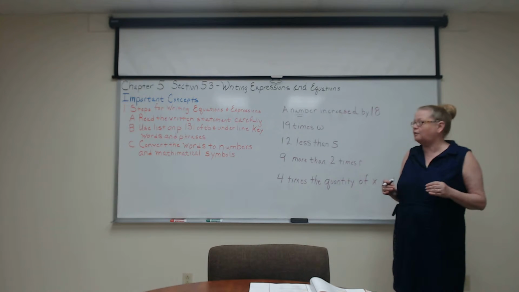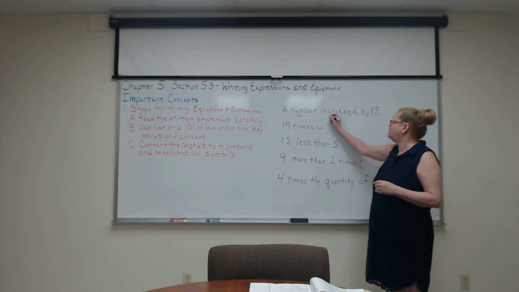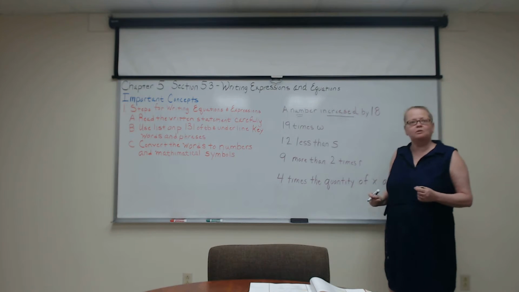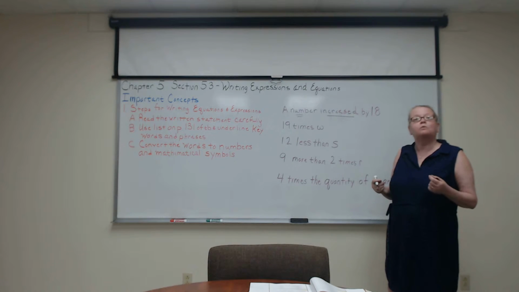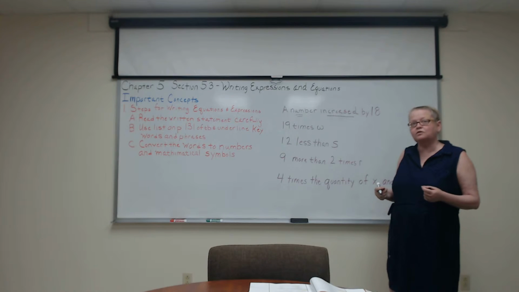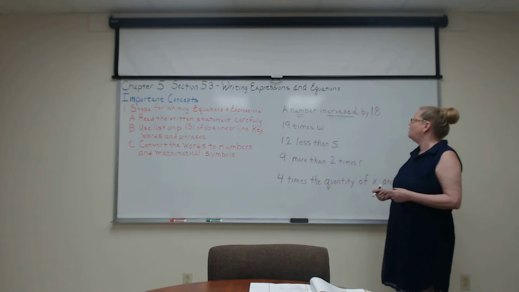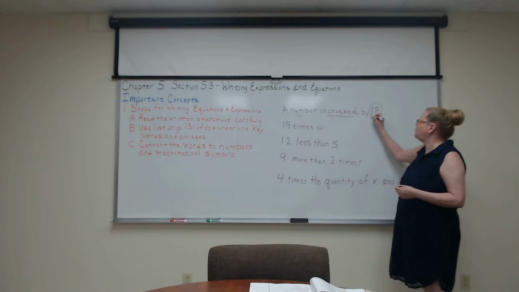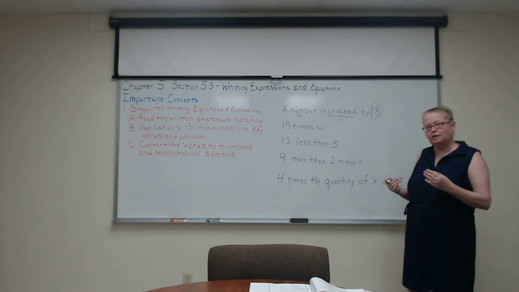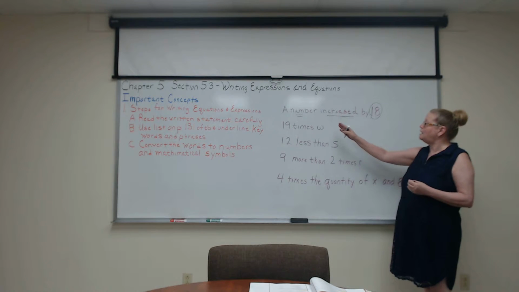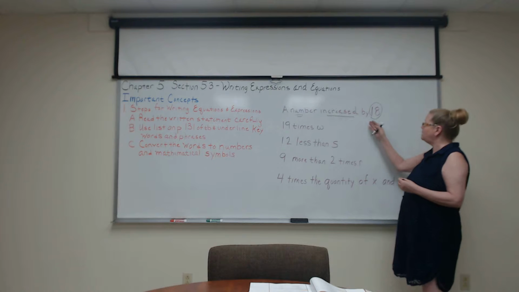That's going to be our letter. Increased, when we talk about increasing something, we're adding to it. So that gives us a clue that we're talking about addition. Finally, we have the number 18, so we have a number that we know has got to be in this equation somewhere.